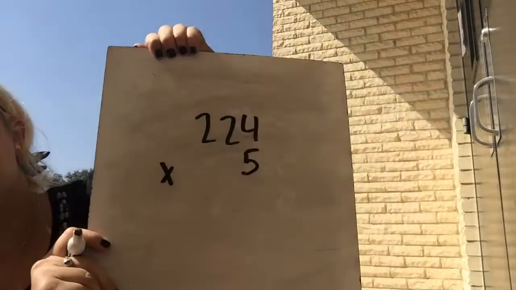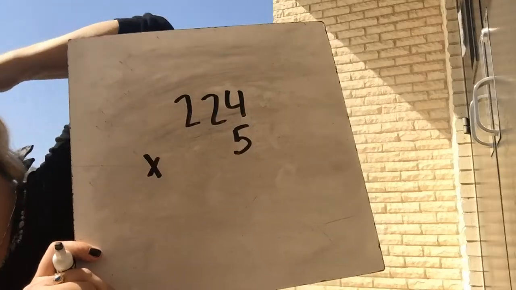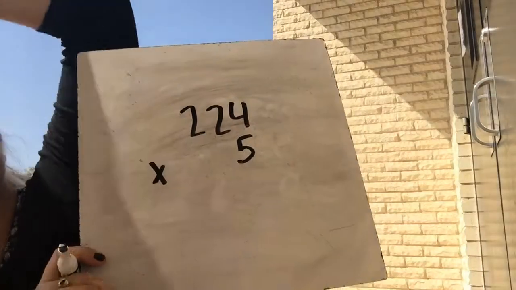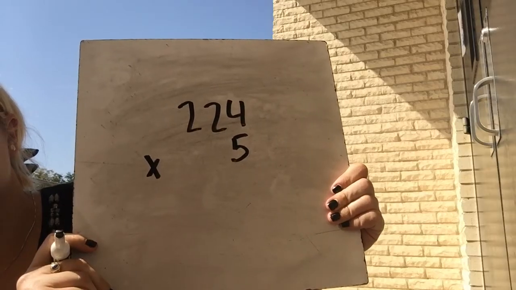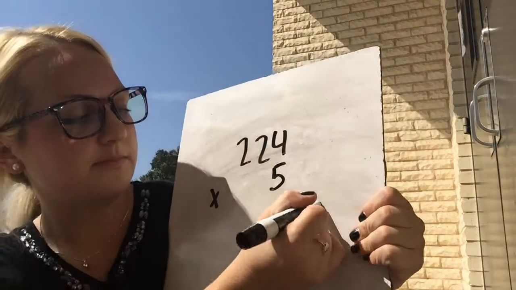Now I'm going to do 224 times 5 in standard algorithm. So do this one with me. 224 times 5. Get this written in your math journal. Okay.